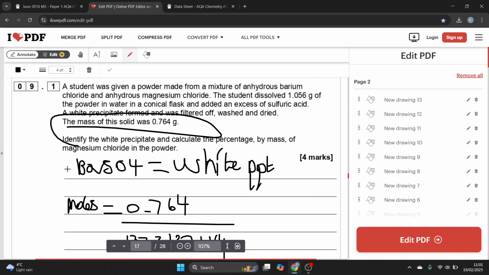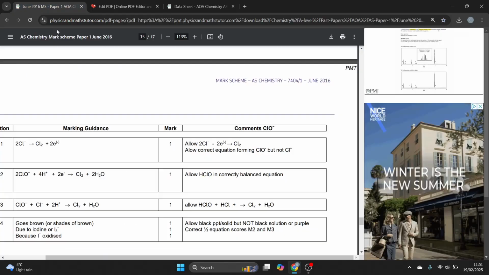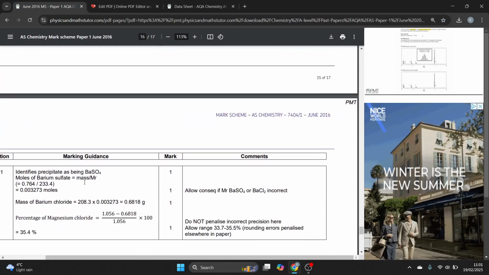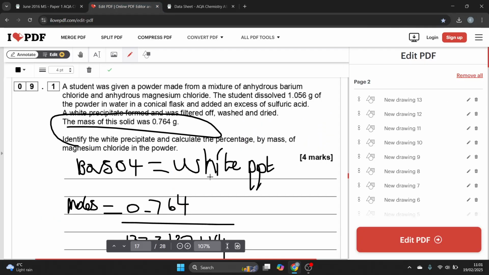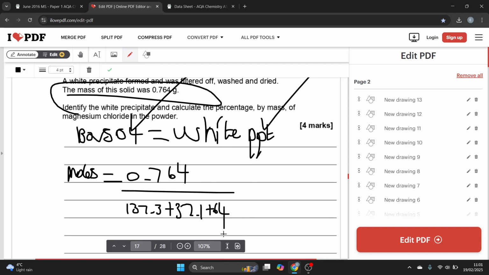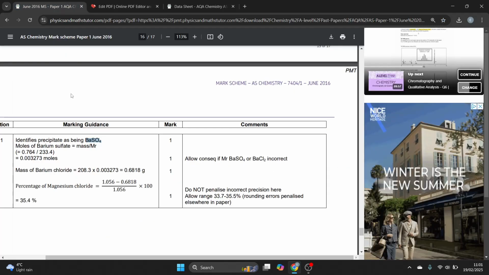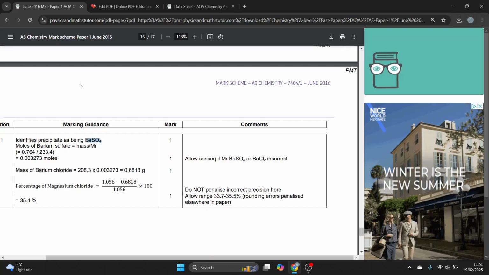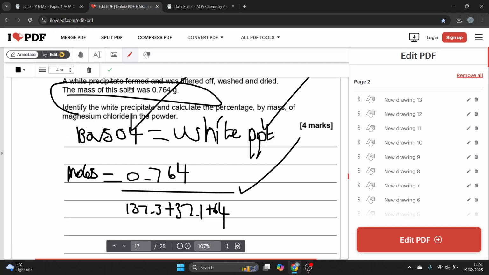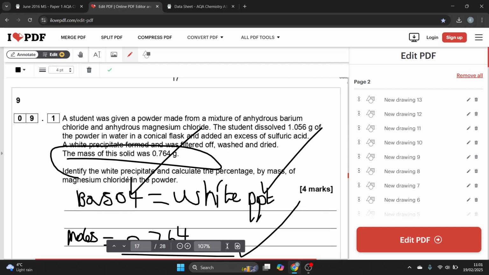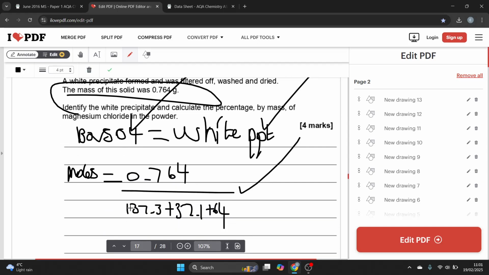Then I know it's a 1 to 1 mole ratio, so I'll get the moles of that. Then I need to find out the mass of barium chloride. So barium sulfate, that's the first mark. If I find out moles, 0.764 over the MR, then what do I do? Then I find out the mass of barium chloride, because I want to find the percentage by mass of magnesium chloride.